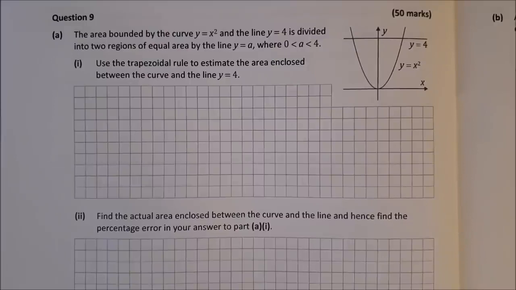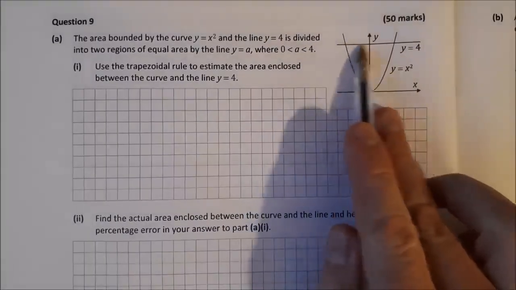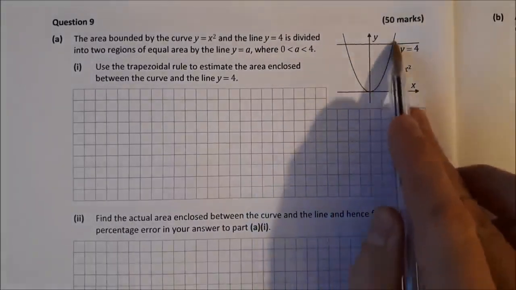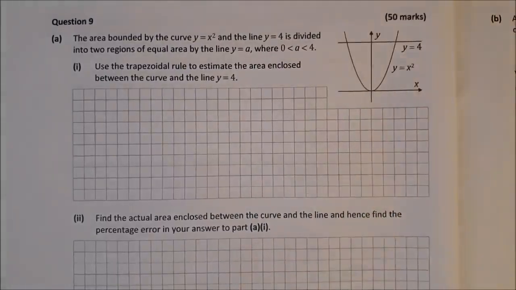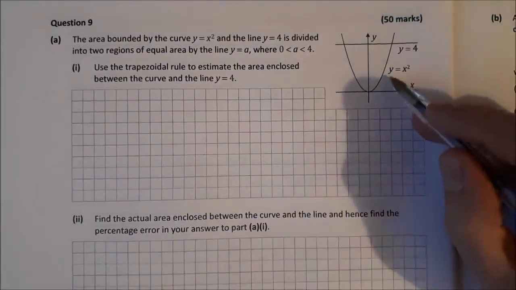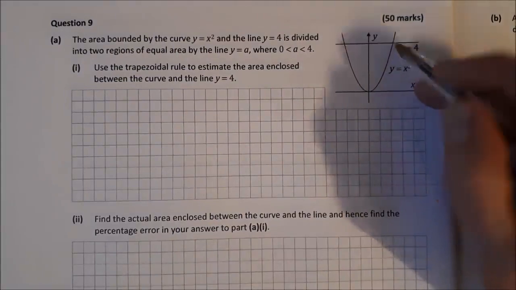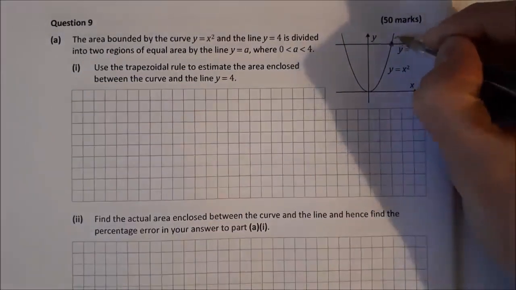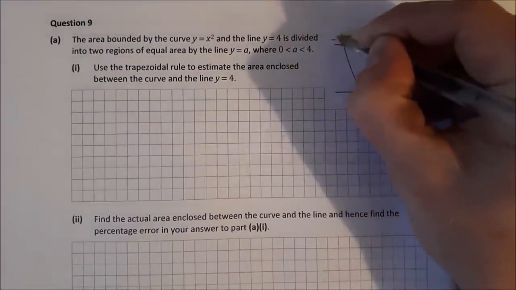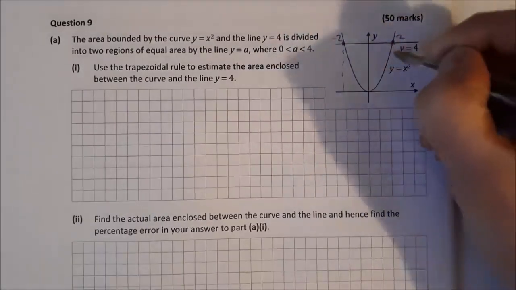Use the trapezoidal rule to estimate the area enclosed between the curve and the line y equal to 4. So here's the line y equal to 4, here's the curve. These points here, where y equal to x squared meets y equal to 4, this will be 2 and this will be minus 2. Those are the x values.